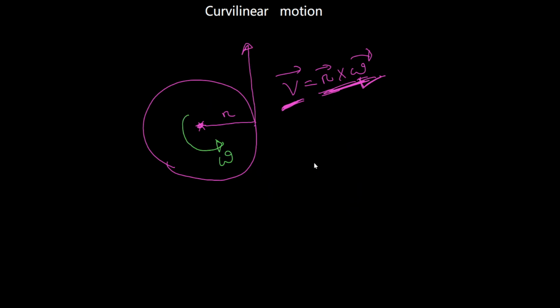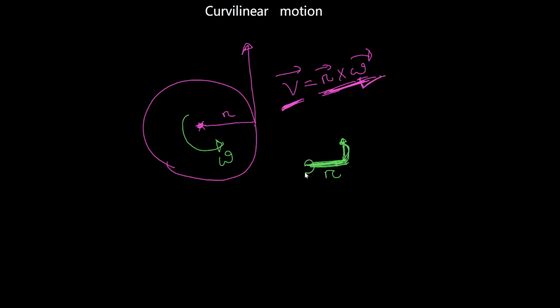Now see, you align your hand like this, with the thumb of your right hand in the upward direction, and you rotate. This is the alignment of your right hand, this is the r vector, and after aligning, you rotate the forefinger of your hand in this direction.